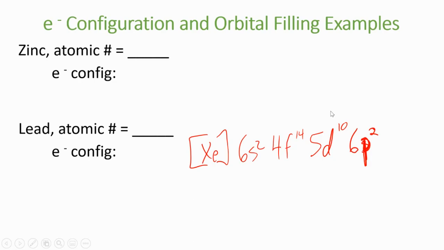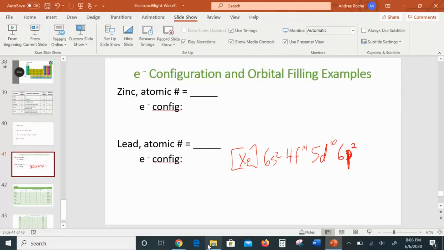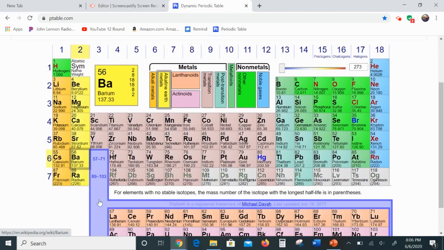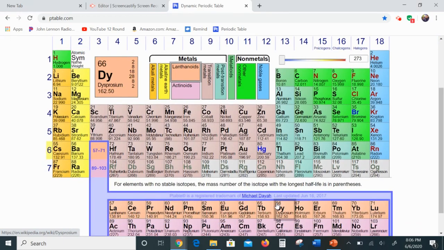Because if you look at where lead is, lead is everything xenon is. It's 6s2. This is telling us go down here, so it's 4f14. And then it comes back here for 6 minus 1 is 5d10, and then 6p2.